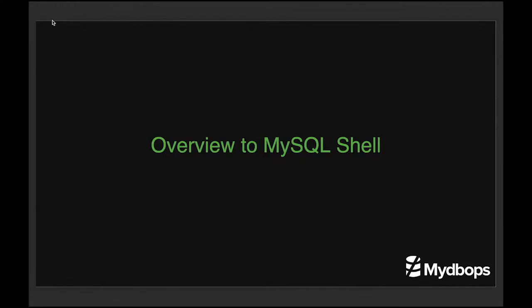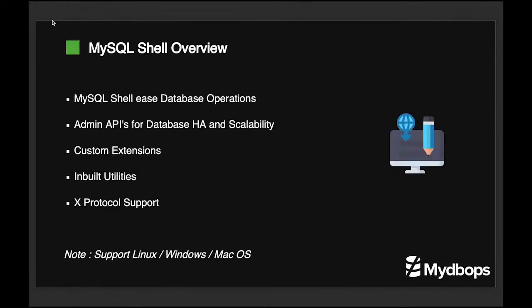Let's see, over to the shell. So MySQL Shell, technically, is the operation tool of the DBAs or the DB engineers. How? It has many inbuilt plugins, extensions, and utilities which make life easier.